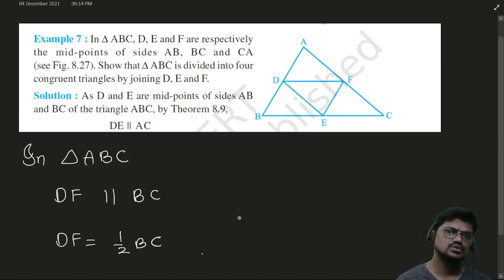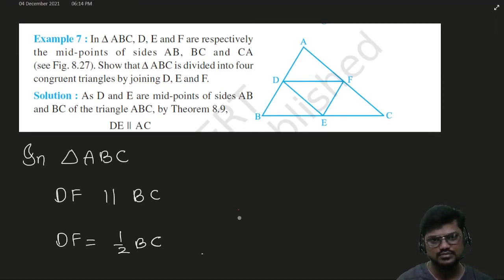So all the triangles are congruent. They are saying, show that triangle ABC is divided into 4 congruent triangles. So that we have to prove. They are asking to prove that triangle ABC is divided into 4 congruent triangles by DEF.